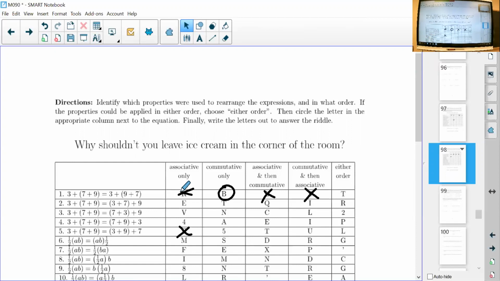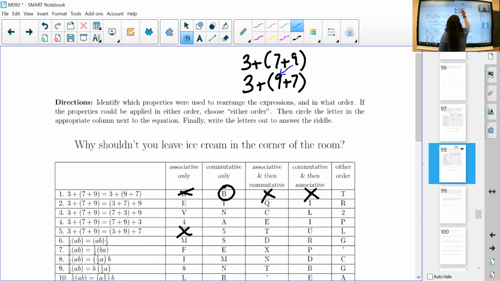If we take 7 plus 9 and swap the order, which we can do because this is in parentheses, we go from 3 plus 7 plus 9 to 3 plus 9 plus 7. So what we did was we swapped the order. This is the commutative property because it swaps the order, and it's around an addition sign, so commutative of addition.